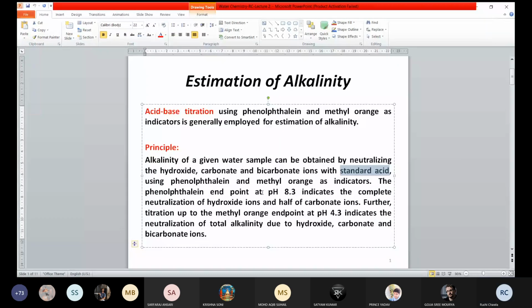The phenolphthalein endpoint lies near a pH of around 8.3, whereas the methyl orange endpoint lies near a pH of around 4.3, which are quite different, and very easily they can be observed distinctly in any experiment because the pH values lie quite far away from each other.